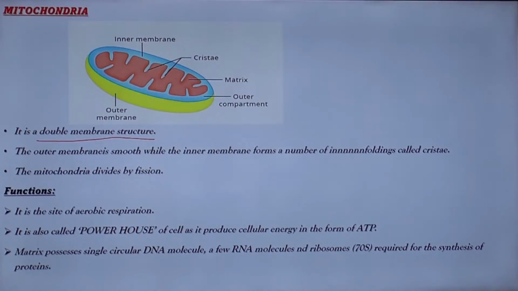Here it is outer, and this one is the inner membrane. This outer membrane is smooth, while the inner membrane forms a number of infoldings called cristae. The outer membrane is smooth.